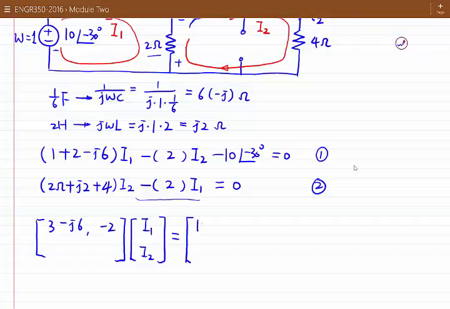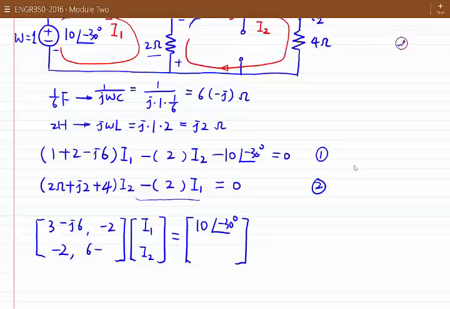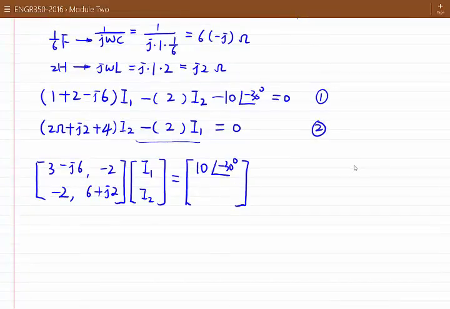So we have 10 angle minus 30 degree. So this is for equation 1. For equation 2, we have minus 2 here, and we have 2 ohm plus 4 ohm, so it is 6 ohm plus j2. And here the right hand side is 0 because there's no source. Okay, so now we can solve it easily.